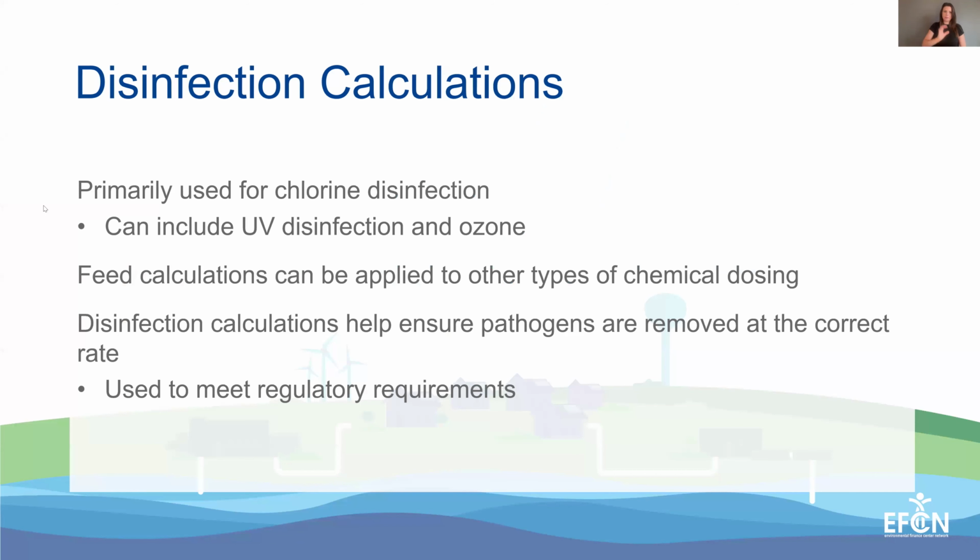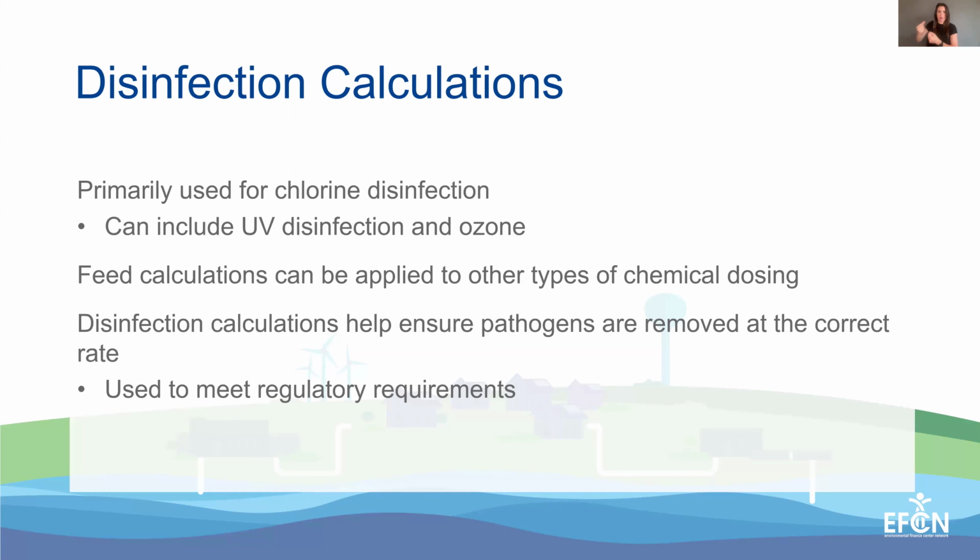But overall, our disinfection calculations let us know that our chlorine disinfection or other type of disinfection processes are adequate to sterilize all the pathogens in a proper way, so that our receiving waters do not have too many pathogens that can affect human life and our environmental health.